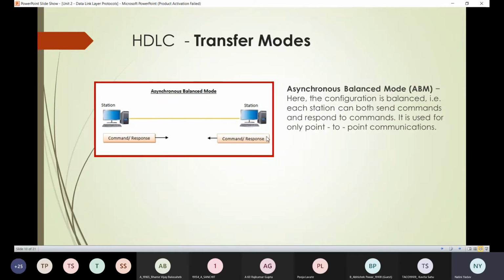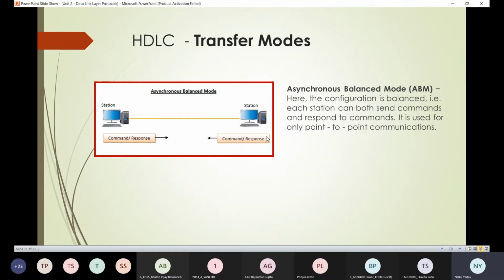Now let's look at the other mode of transfer, which is the asynchronous balanced mode of HDLC. In this mode, the configuration is balanced. What does it mean? It means that each station can both send commands and respond to commands.